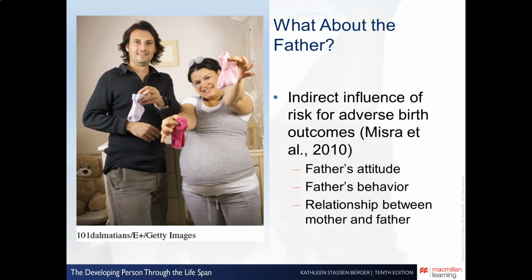For those of you wondering, what about the father? That's more of an indirect influence of risk for adverse birth outcomes. Some things that can affect the health and wellness of the mother and the baby she is carrying are the father's attitude, the father's behavior, and the relationship between the mother and father. How much stress is involved, how much support. All those affect the health of the baby.